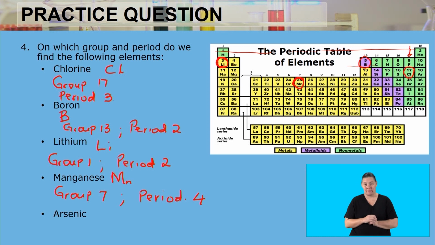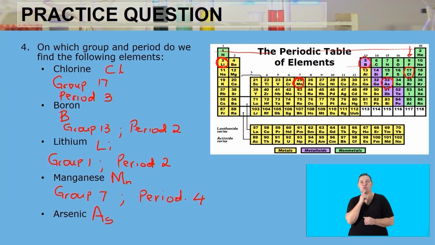And then the last one, arsenic. We are getting more and more complex. Arsenic has a chemical symbol, capital letter A and small letter s. So that's what you need to look for in our periodic table. As, it is there, element number 33, also in between the metals and the non-metals, so therefore it's a metalloid or a semi-metal.